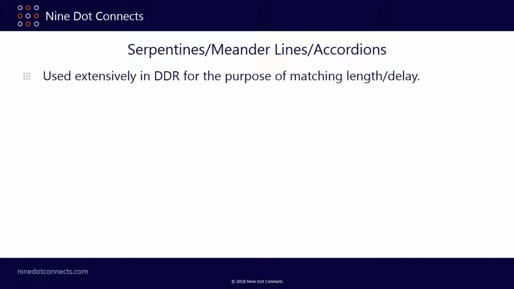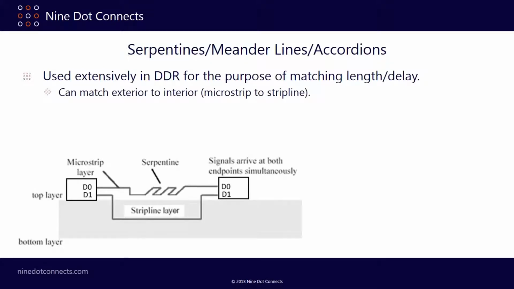So these serpentines, meander lines, or accordions, they're used extensively in DDR for the purposes of matching length and delay. Now, last month when we had part one, I gave an example of routing a signal on the outside of the board, otherwise known as a microstrip, and then comparing it to running that same signal interior to the board, known as a strip line.